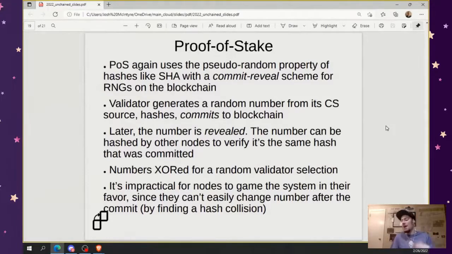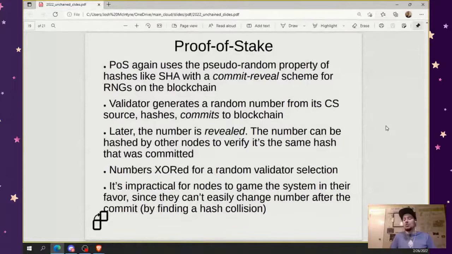So, if I generate some random number and let's say it's 123, I put the hash on the blockchain, and later at the reveal phase, I reveal that it was 123, and all the other nodes run 123 through the hash function, and they say, okay, that matches the hash that was put in at the commit phase.